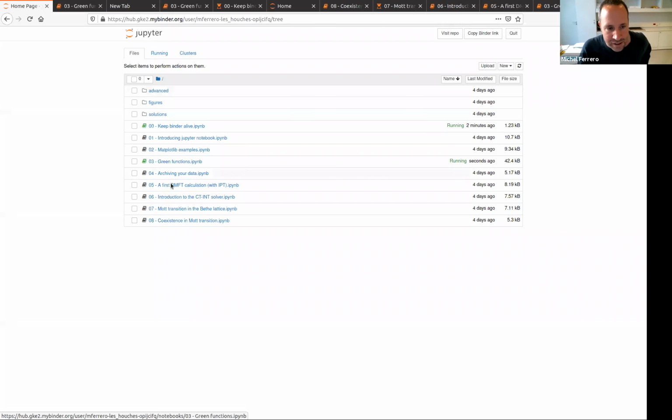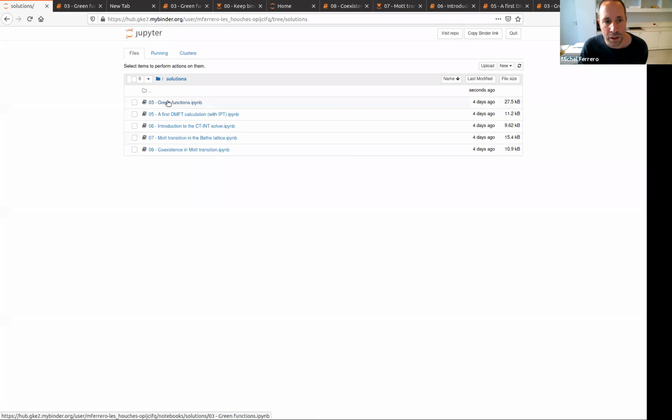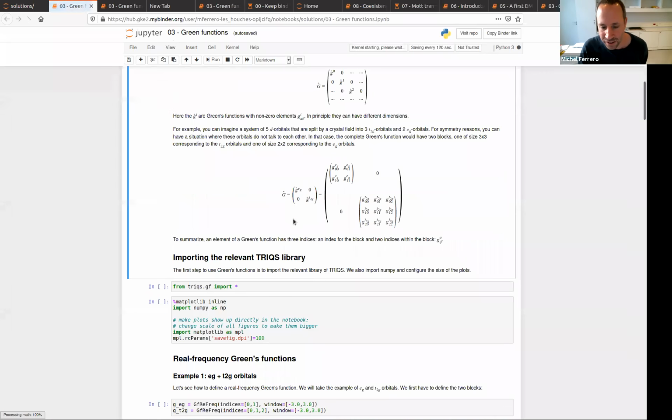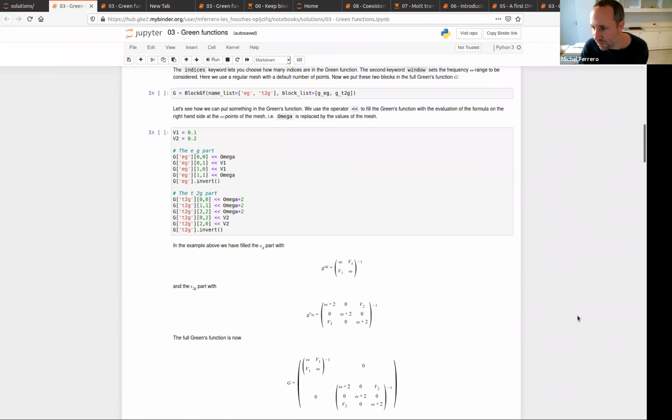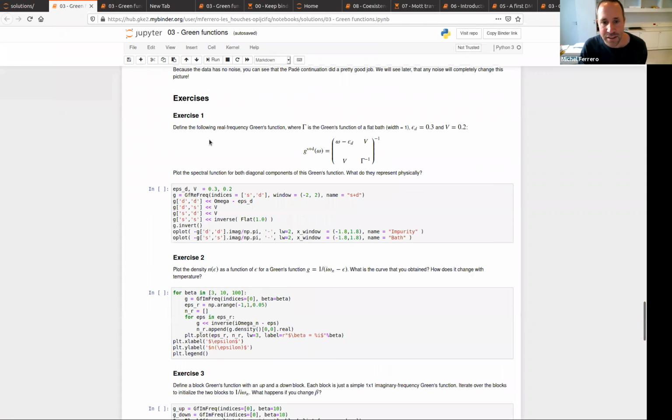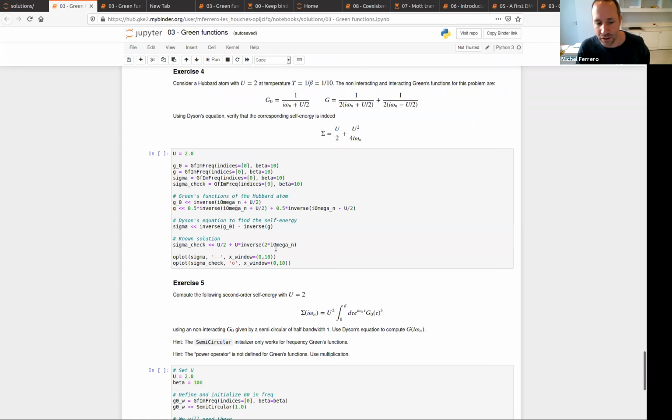So there are exercises in these notebooks, and you can find the solutions in the folder solution. These are the same notebooks, but in which the solution part has been filled in. If I go to the very end of this one, for example, for Green functions, there's the exercise, but this time there's also the solution. So if you're stuck, if you want to see how this is done, just go to the solutions and try to understand them.